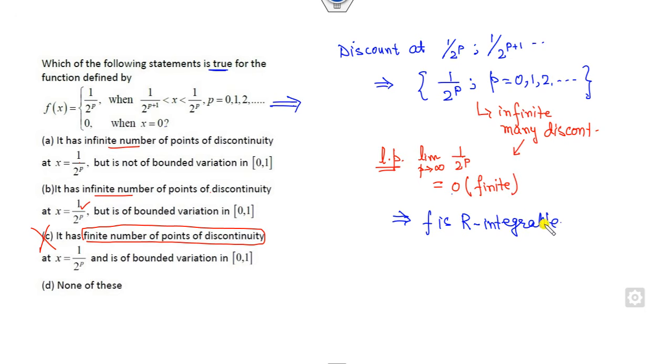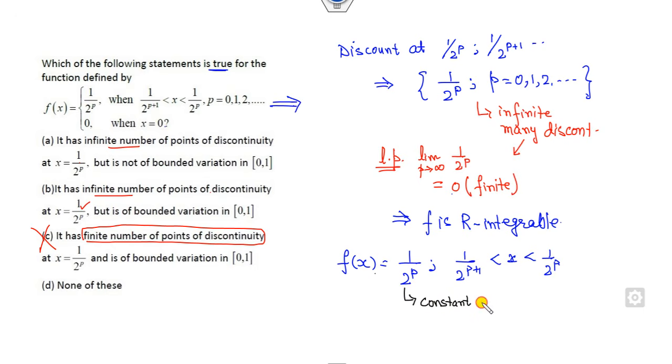Fine. So now, okay, they are not talking about Riemann integrable. Now once it's Riemann integrable, you can't say it's bounded variation. But how can you prove that it's of bounded variation? Again, you can see your function is 1 over 2 raised to power p over this domain. Now what is the function here? Clearly this is a constant function.